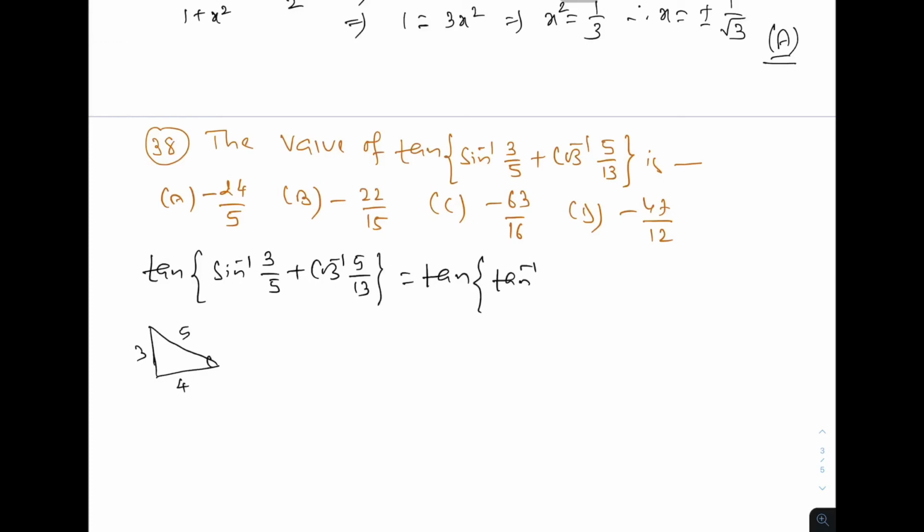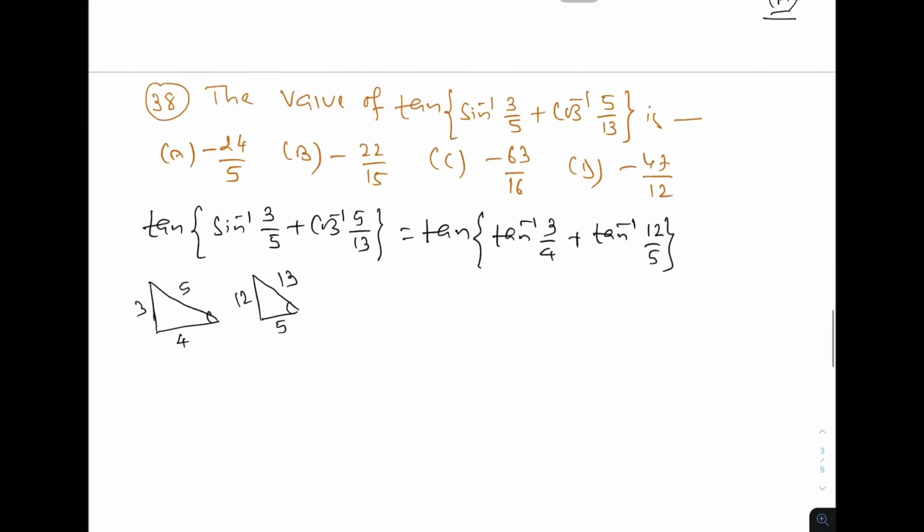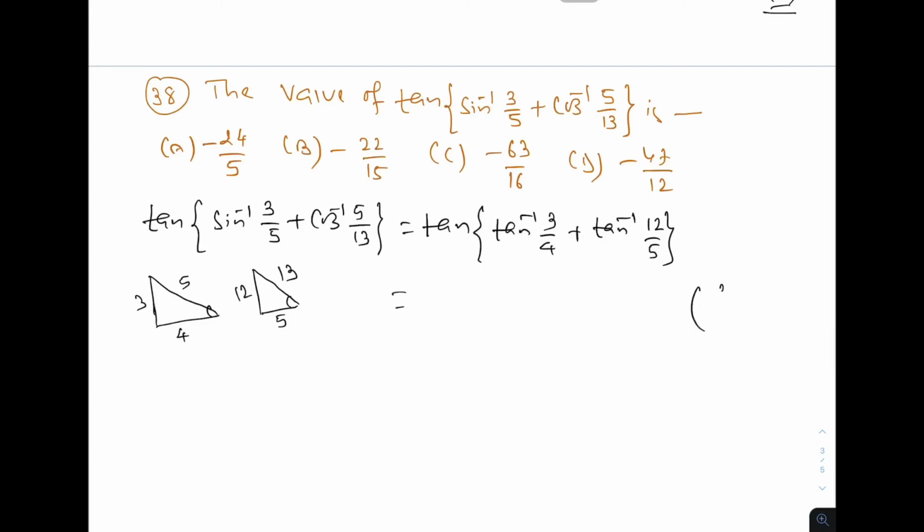So we can write tan inverse 3 by 4, and this is cos inverse 5 by 13, so this one is 12. So tan inverse 12 by 5. Okay, now this 12 by 5 is greater than 1.